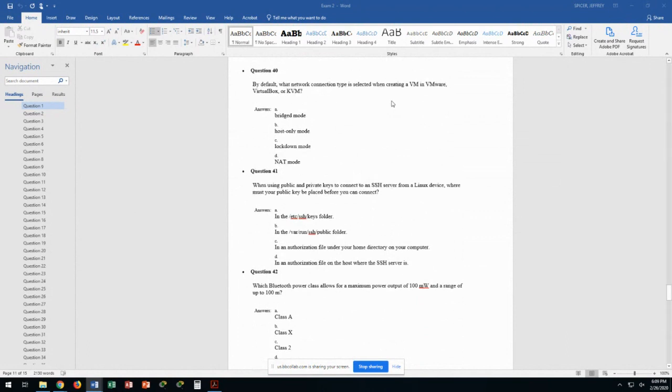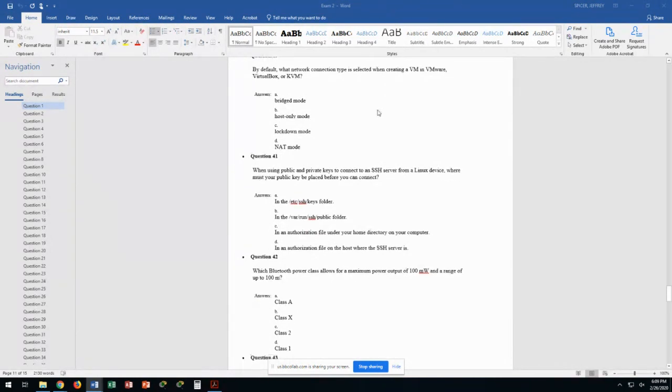40. By default, what network connection type is selected when creating a VM in VMware, VirtualBox or KVM? What does it usually default to? NAT, right? So D, NAT. 41.